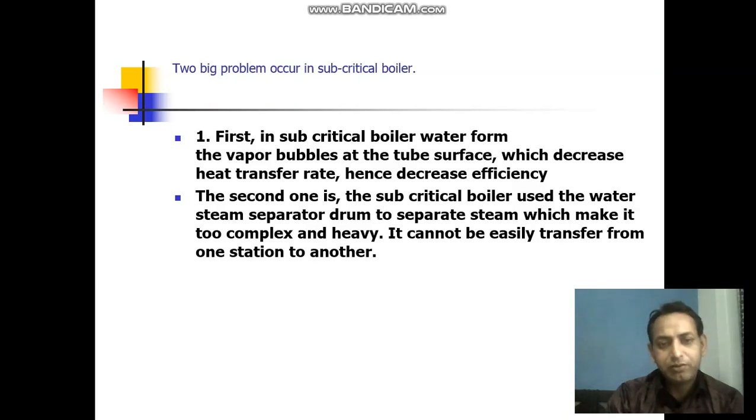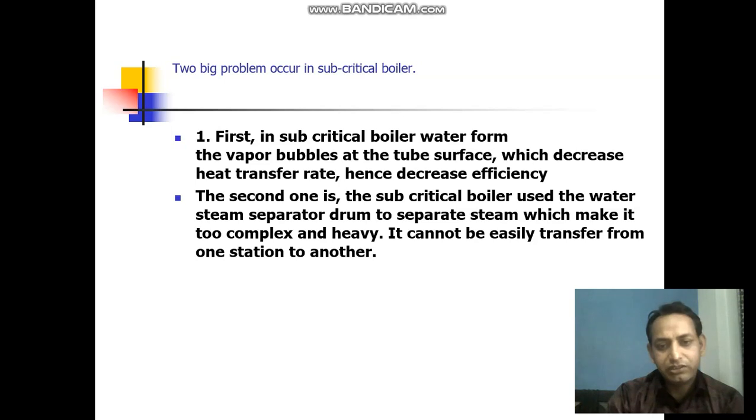There are two big problems basically faced by the subcritical boiler. In subcritical boilers, vapor bubbles are formed, which hinder the transfer of heat. As a result, the thermal efficiency of the plant is reduced.